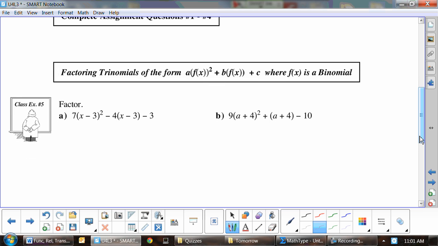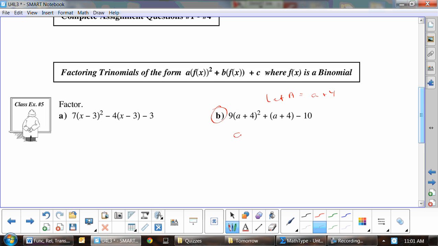Okay, so we've been talking about all this substitution stuff. Maybe now's the time we should actually use it. So again, when I see the brackets, that's what I'm thinking: substitution. So for this one, I would let a equal, it's kind of obvious, a plus 4, right?